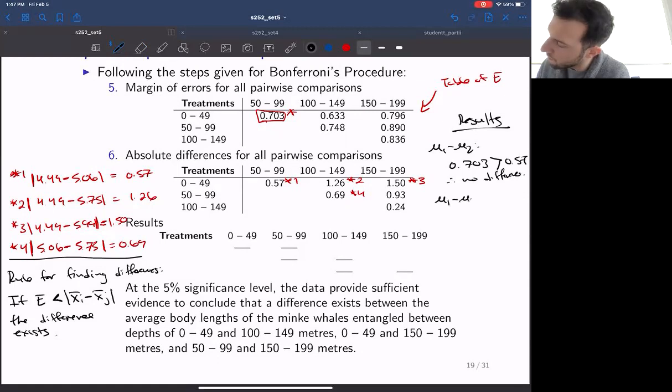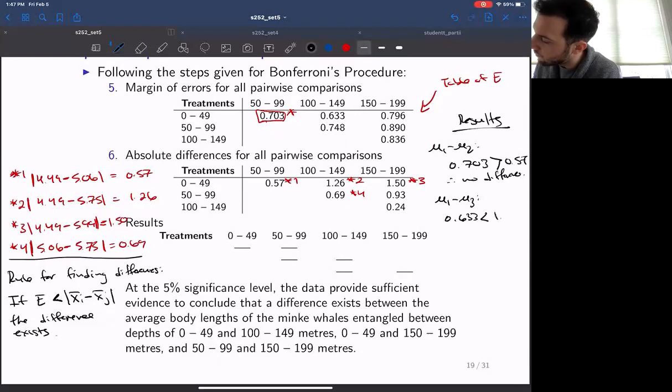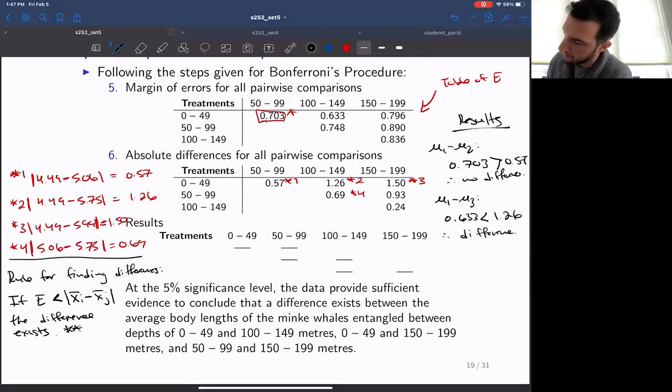And then if we go mu1 versus mu3, we would say 0.633 is less than 1.26, therefore difference. So we're just taking the margin of error and comparing it to the corresponding difference in means. If the margin of error is smaller than the difference in means, that gives evidence of a difference. If the margin of error is bigger than the difference in means, that means there's no difference.